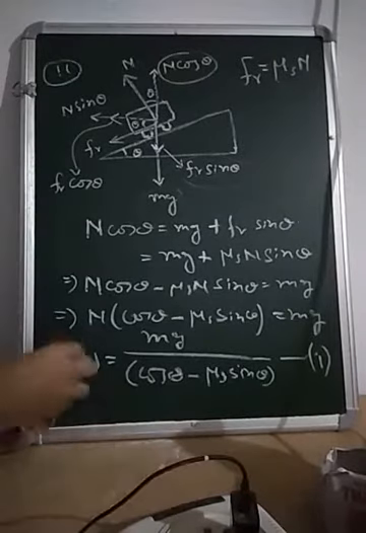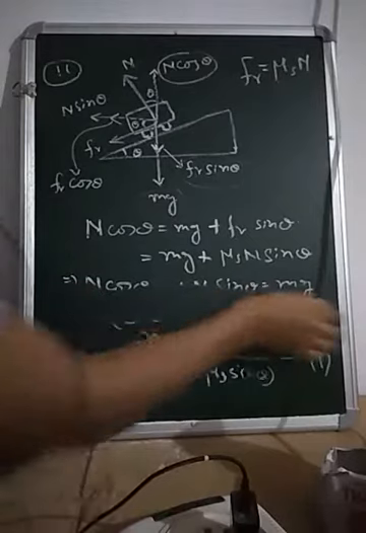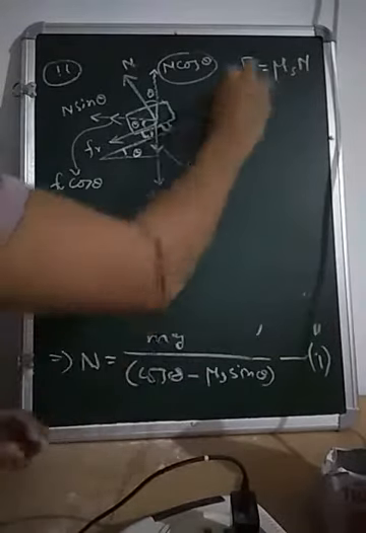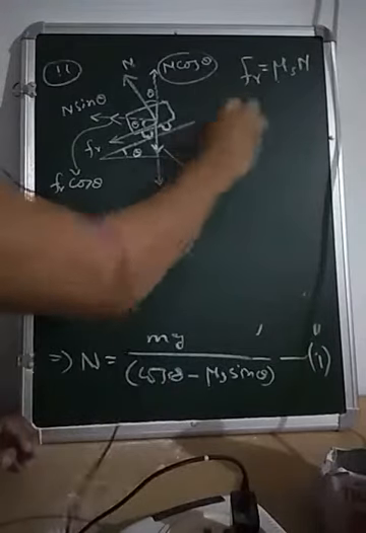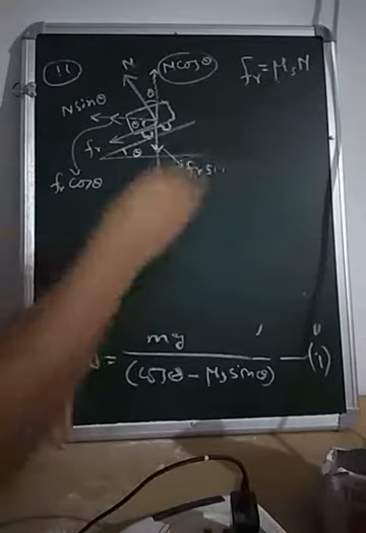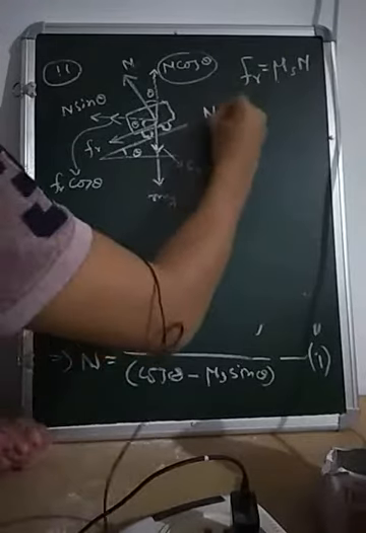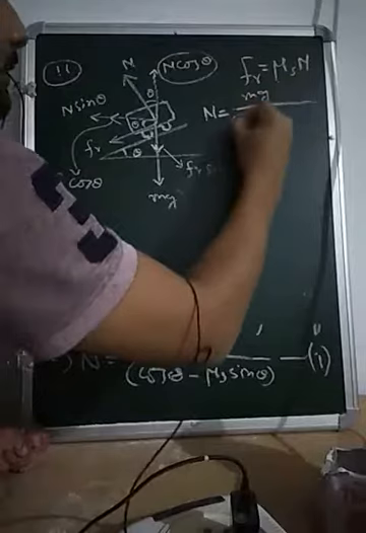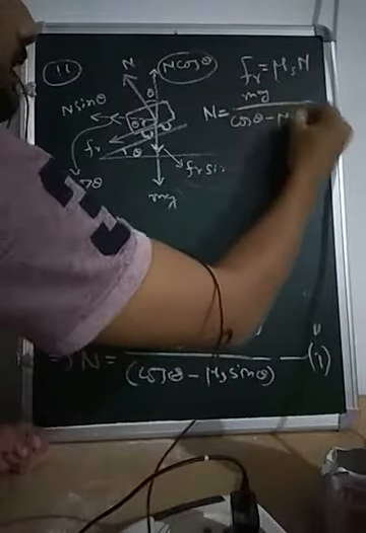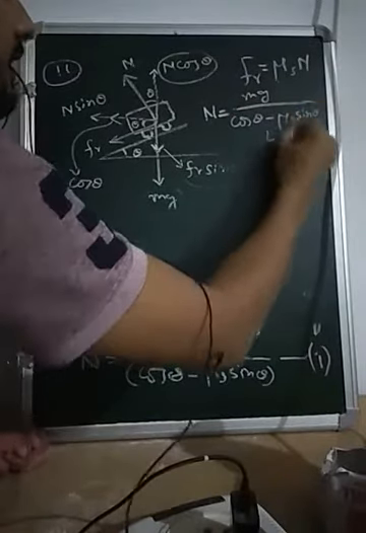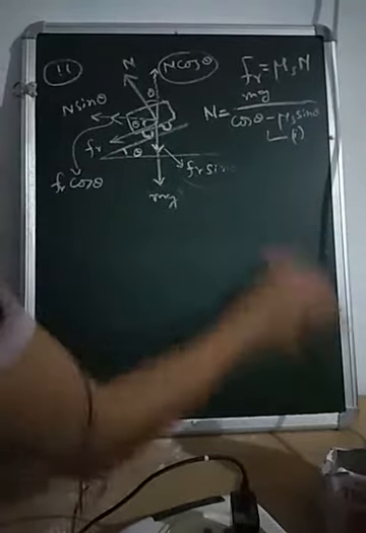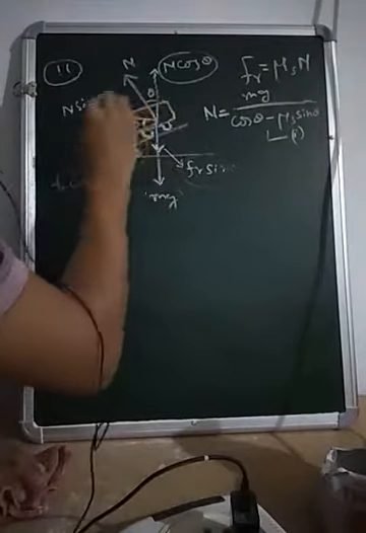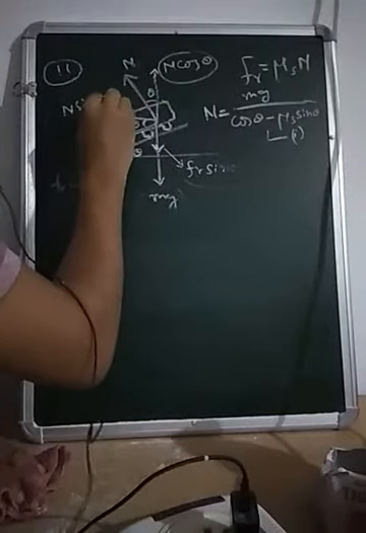Okay, now I'll go for the second case. I am writing the value of N here: N is mg divided by (cos theta minus mu s sin theta), which I have labeled equation number 1. Now I am going for the component, the force along this side.